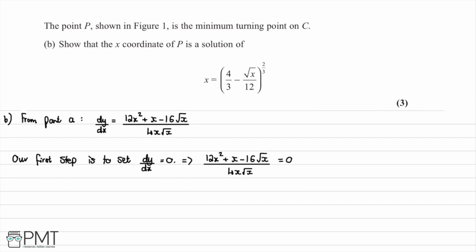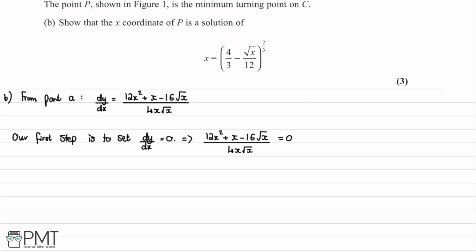And what we now need to do is to rearrange this into this form here. Our first step is going to be to multiply everything by this denominator, because if we multiply both sides by this, it's going to get rid of it, because it's equal to 0. So this is going to leave us with 12x squared plus x, and we're going to subtract 16 root x, and this is all still equal to 0.